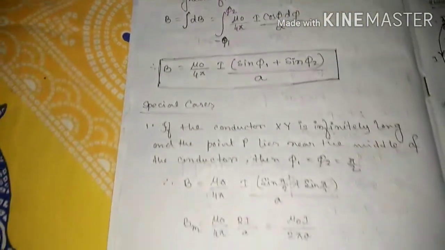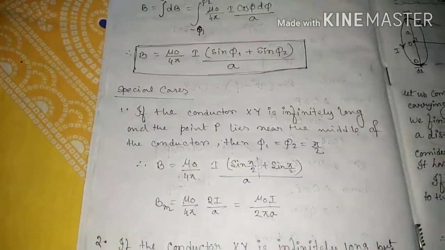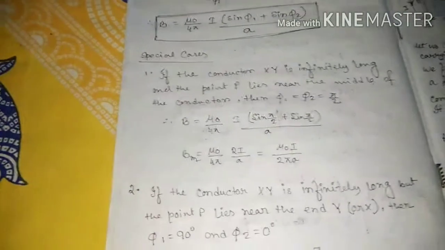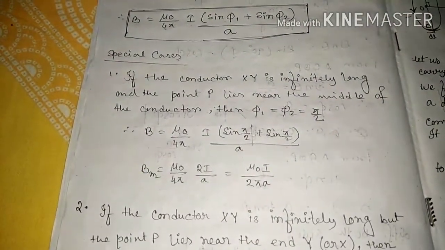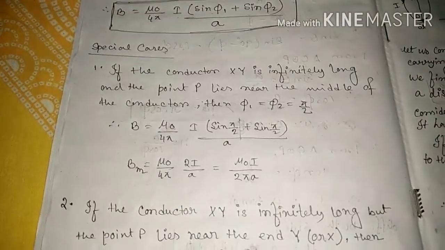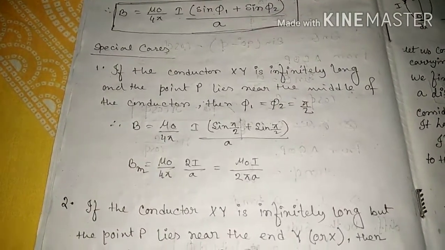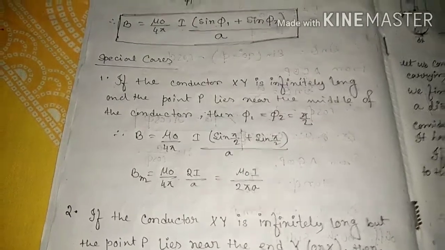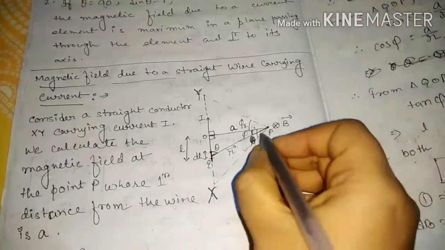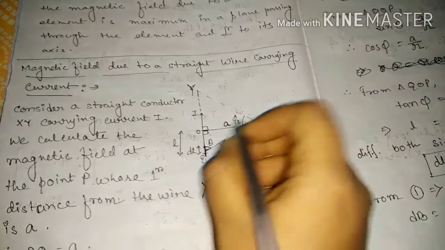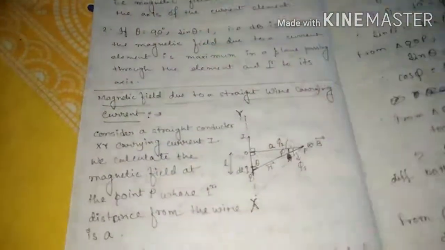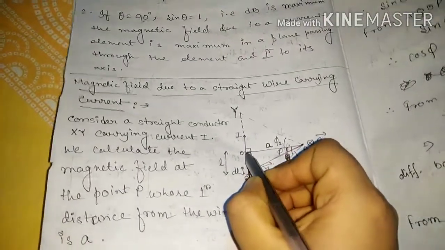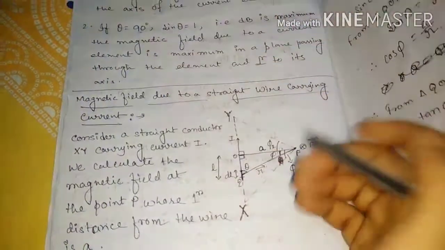Now there are also some special cases. If that wire XY is infinitely long, and the point P lies near the middle of the conductor, then phi 1 and phi 2 are both 90 degrees.